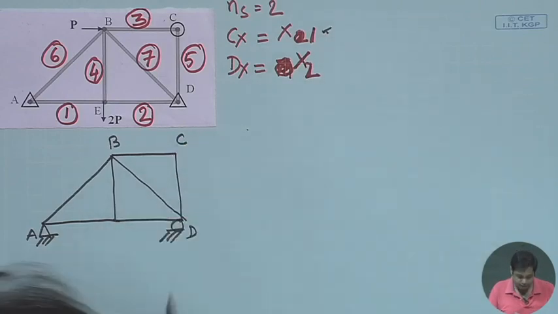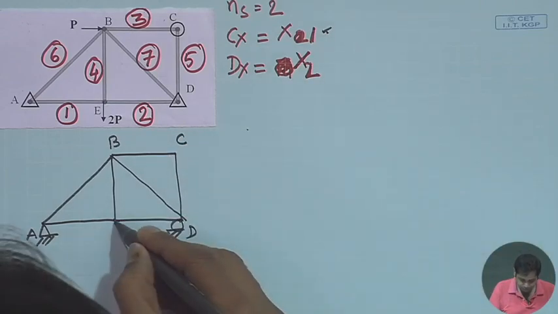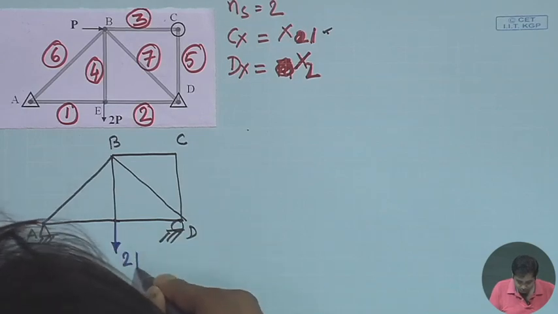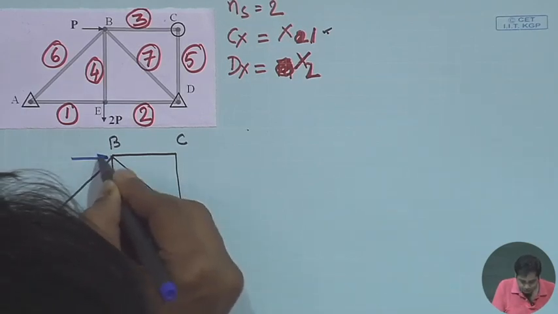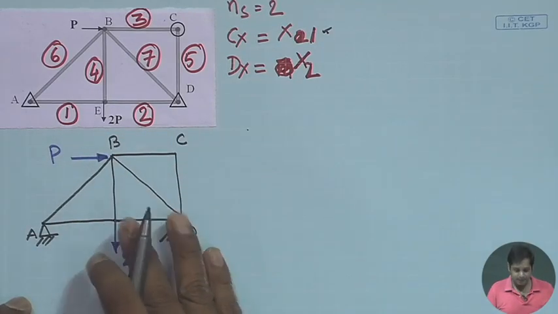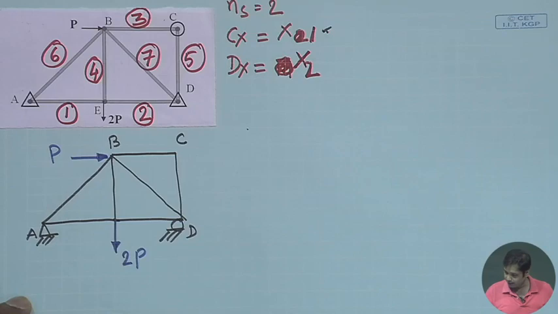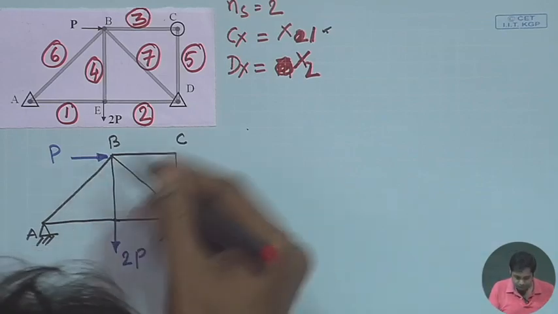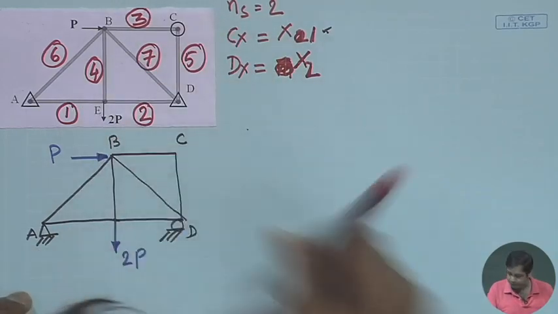So, this is the primary structure, which is now subjected to load 2P here, and another load P here. So, this is the primary structure subjected to external load. The corresponding numbering we can also write here.